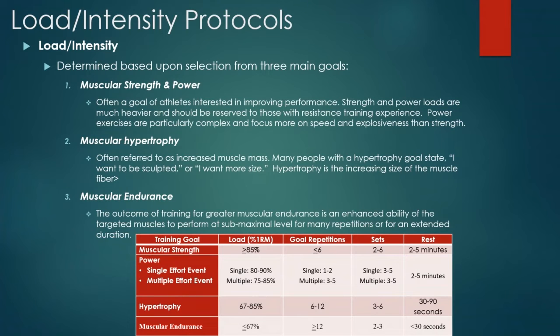repetitions. So now if we look at this graphic at the bottom, okay, we have the modalities, and then we have muscular strength, power, hypertrophy, and endurance. Across the top, we have the load percentage that pertains to each one of these goals, the goal repetitions, the sets, and the rest. And you'll see as we go through these, they're different to be able to elicit the best outcome for trying to develop that goal, whether it be strength, hypertrophy, power, or muscular endurance.